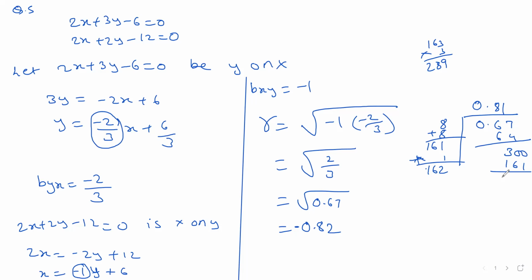Again 00. Again I'll have to take something. So if I say 1625 into 5, 1626 into 6, still 13,900. 1627 into 7, I can take 7. So the 0.817 can be written as 0.82.